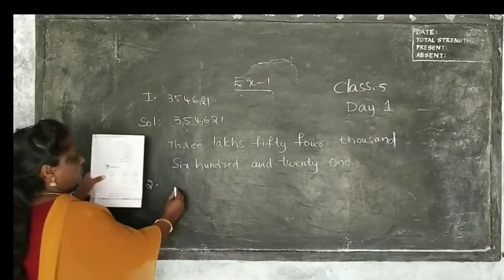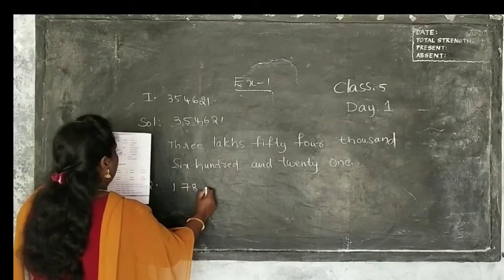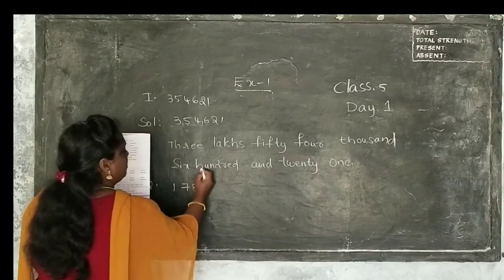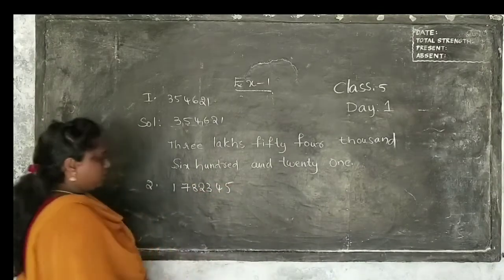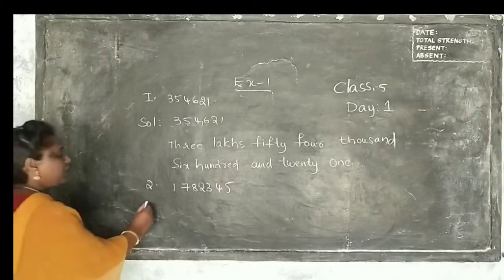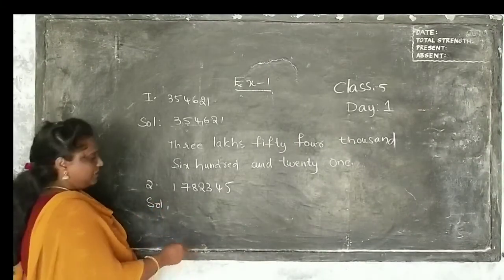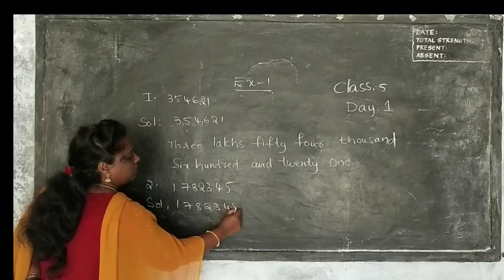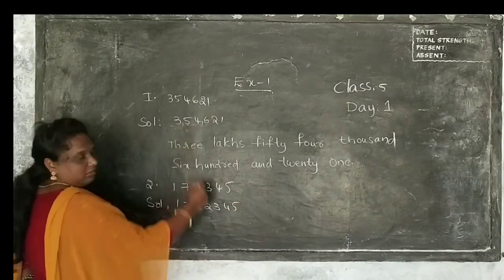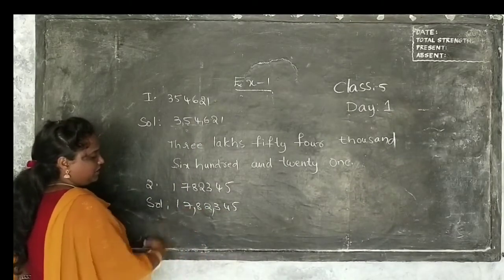The second problem is, okay, this is the number. So in the solution, what do we have to do? First we have to put commas, insert commas. So as we did here also, first 3 digits then comma, next 2 digits then comma.